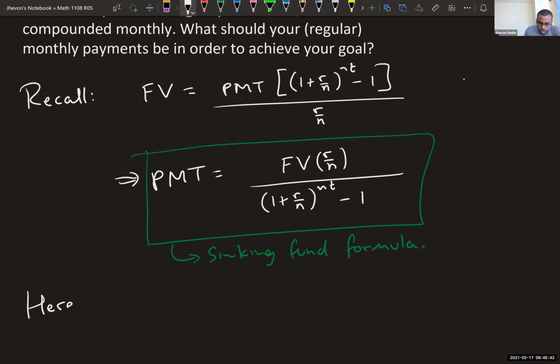And here, I know what the future value is. In the future, I want 150,000. I am assuming that I will get a 5% interest rate compounded monthly over the next 18 years. Okay.